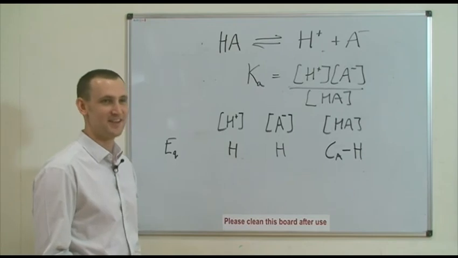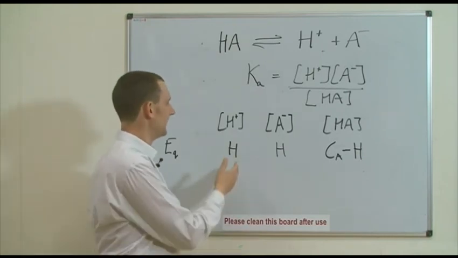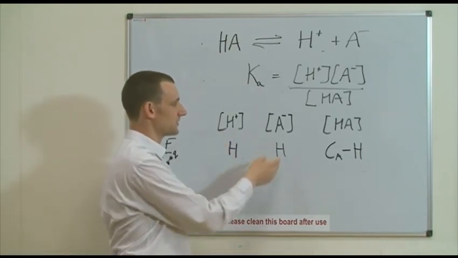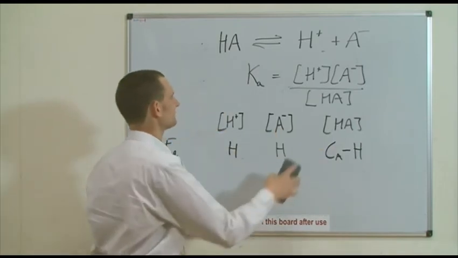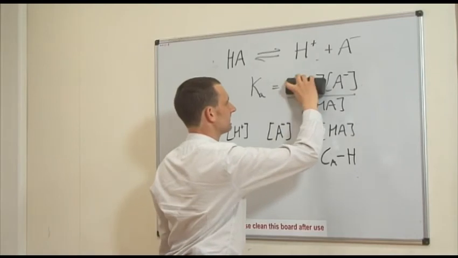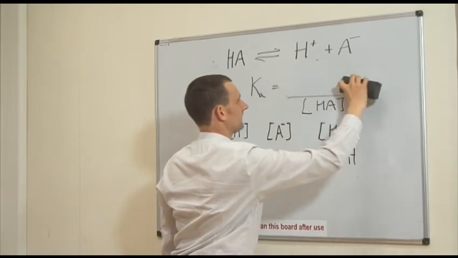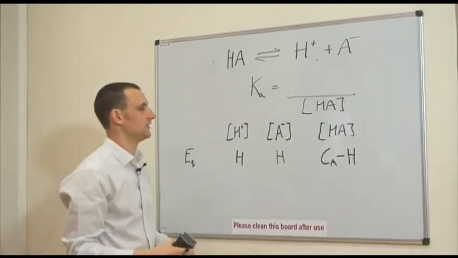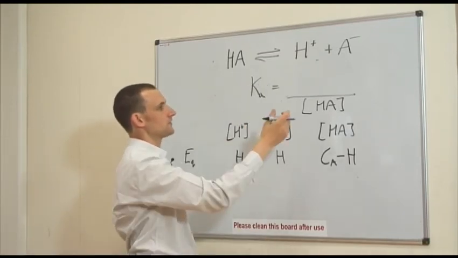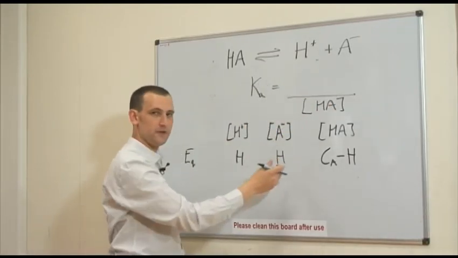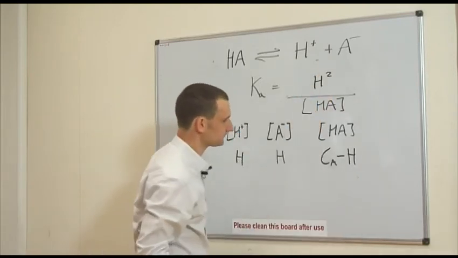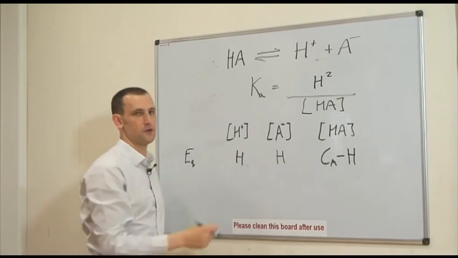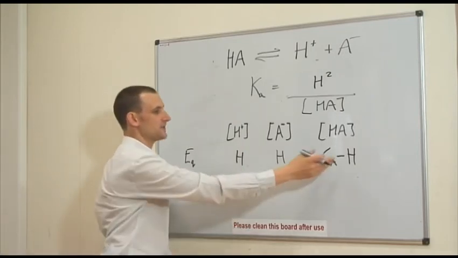So we can put these values for the proton, the conjugate base, and the acid molecule into the acidity constant. The value for the concentration of protons and conjugate base are both equal to H, so this top line becomes H squared. The value for our concentration of acid molecule is Ca minus H.